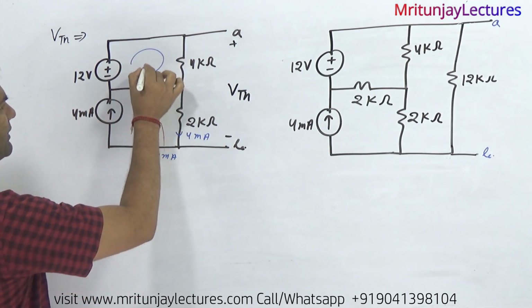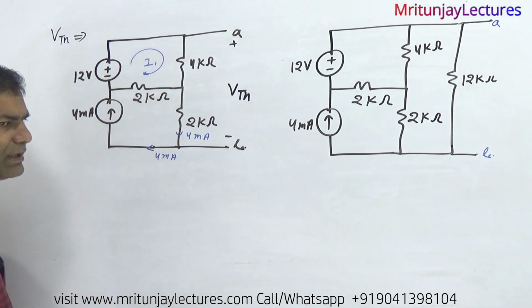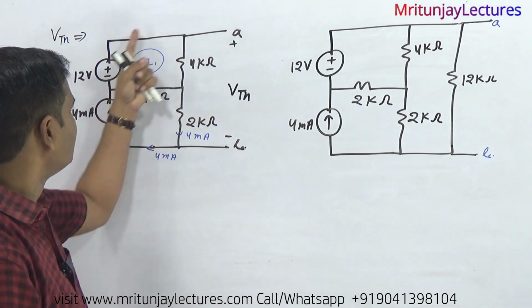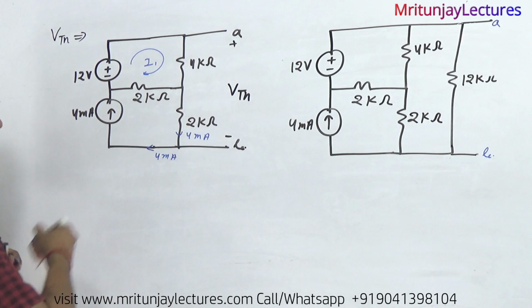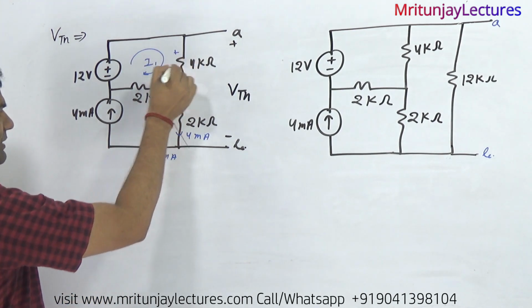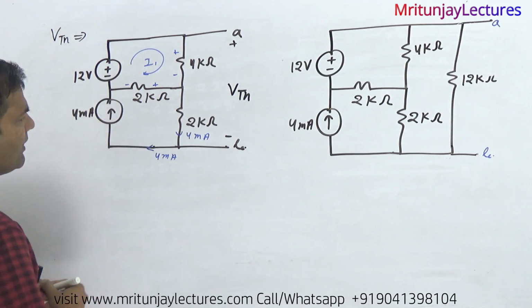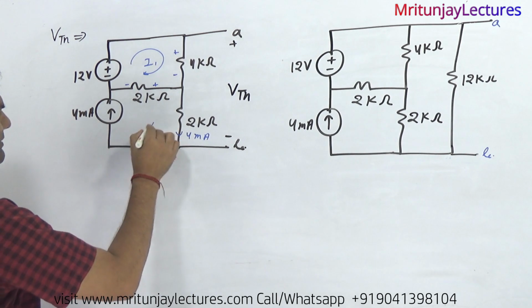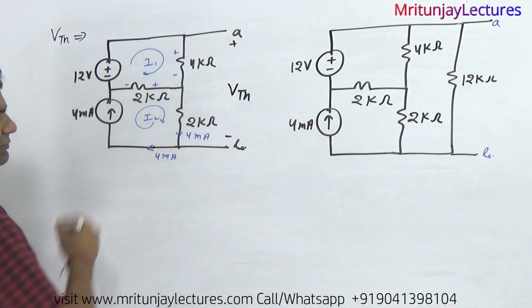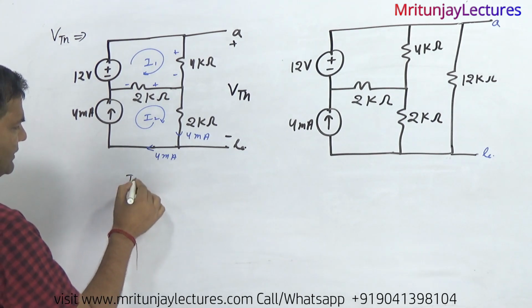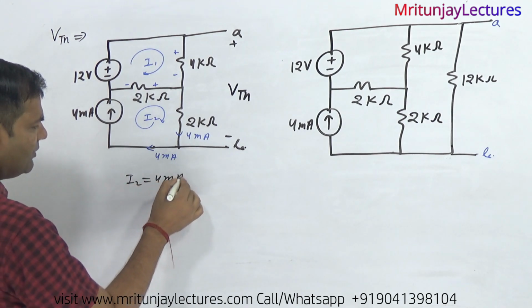Now suppose here I have loop current I1, and apply KVL in this loop. Current direction plus 2 minus. And here that is I2. I2 is very clear. I2 is 4 milliampere. Why?